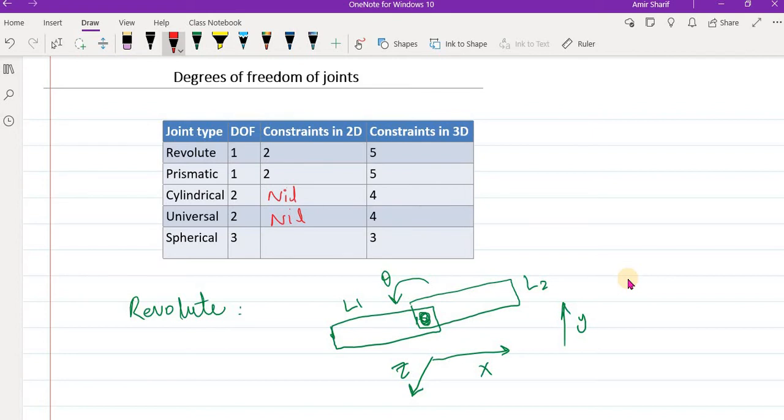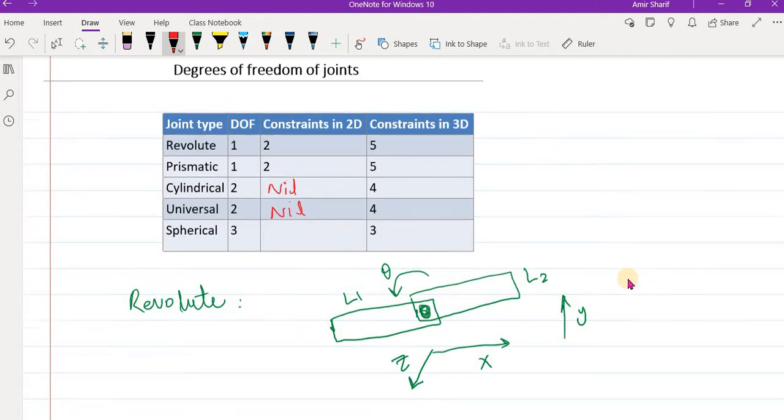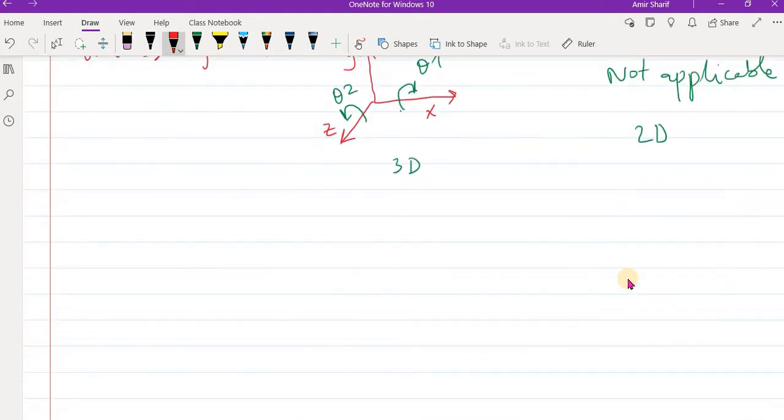Okay, and the same is true, I think, for the cylindrical joint also. It cannot be shown properly in 2D. Okay, now the last one is the spherical joint.